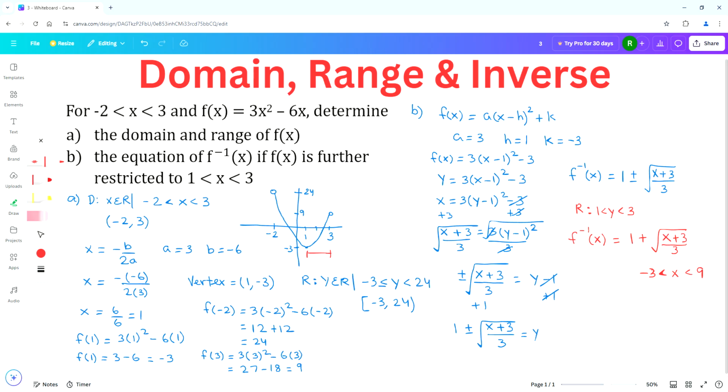None of these values are included in the domain because the range for f(x) when x is between 1 and 3 will be from -3 to 9, the endpoints being not included because 1 and 3 are not included in the domain. So this should be the final answer for part B. So these are the steps you have to keep in mind to solve a problem like this one.